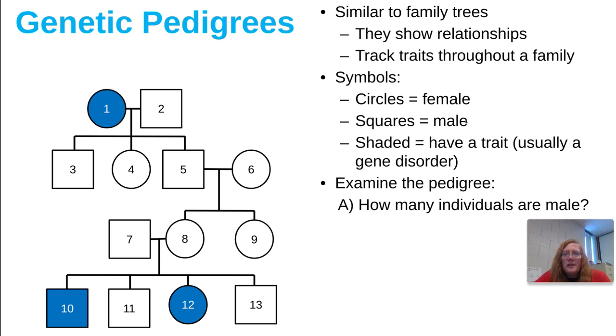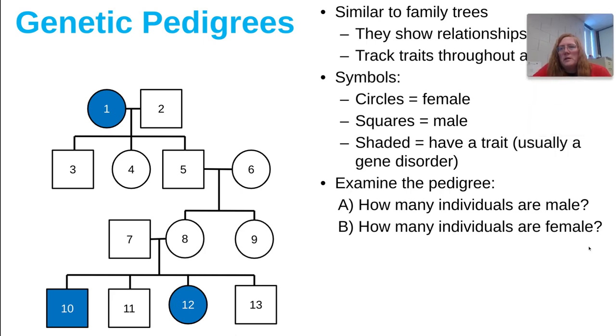Now that we know that the squares are male, how many individuals in this pedigree are male? Go ahead and count those out. You should have counted 7. How many individuals, let me move this up here, are female?